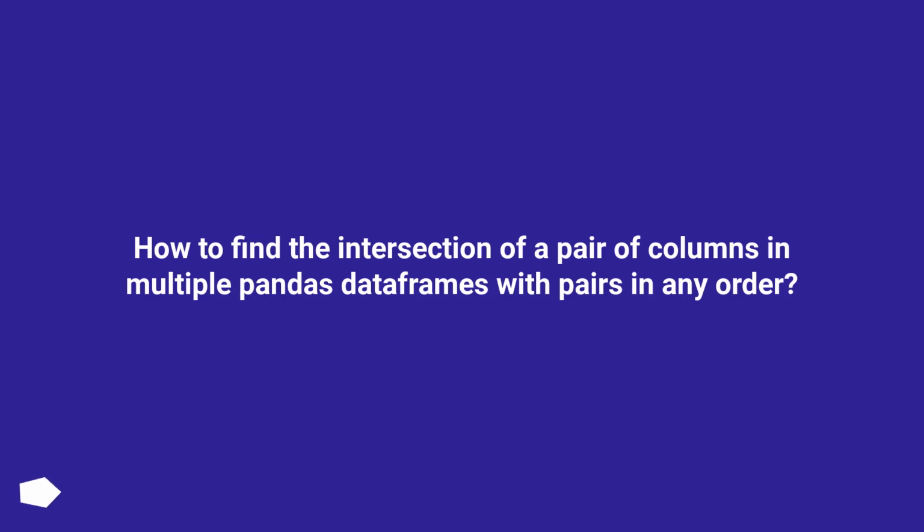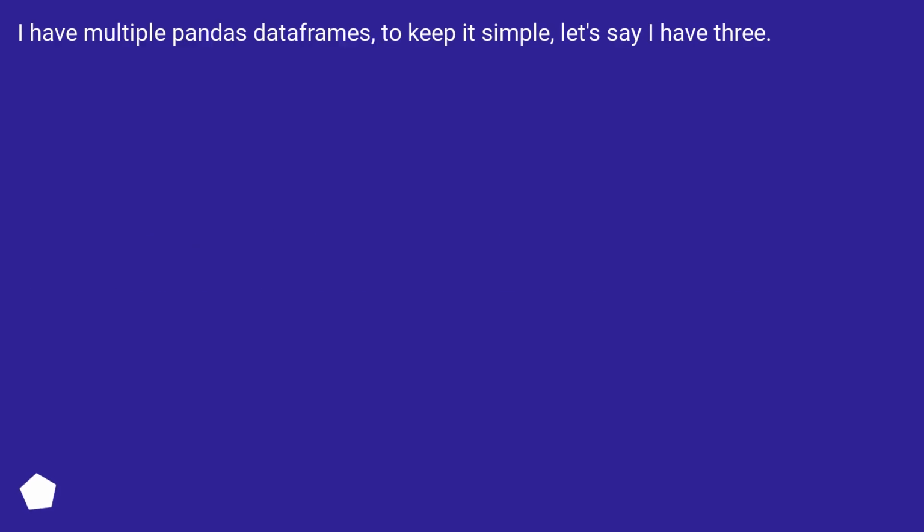How to find the intersection of a pair of columns in multiple pandas data frames with pairs in any order? I have multiple pandas data frames. To keep it simple, let's say I have 3.